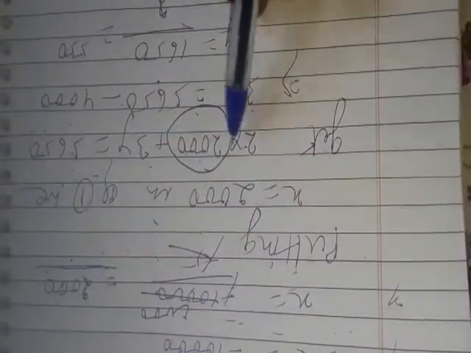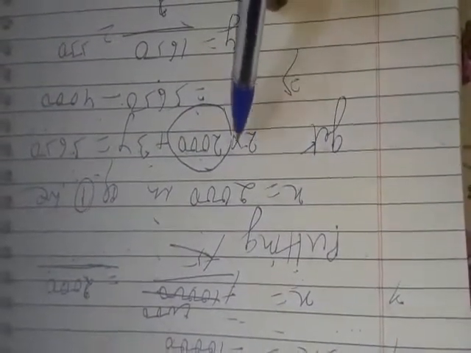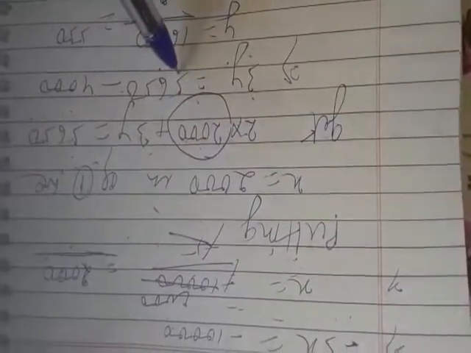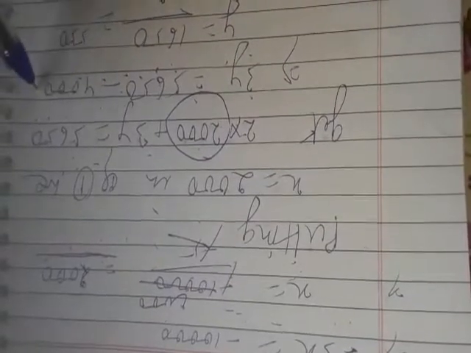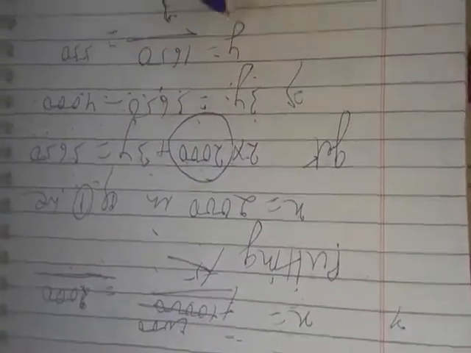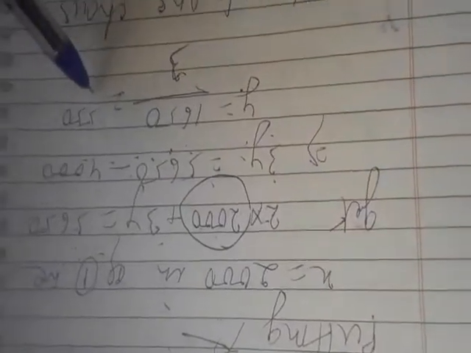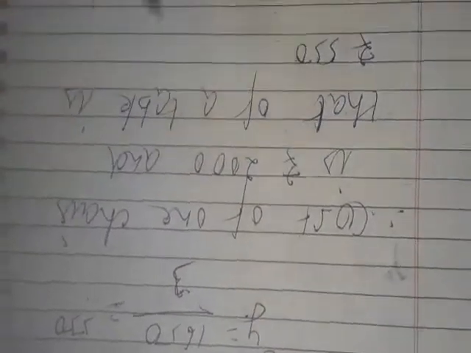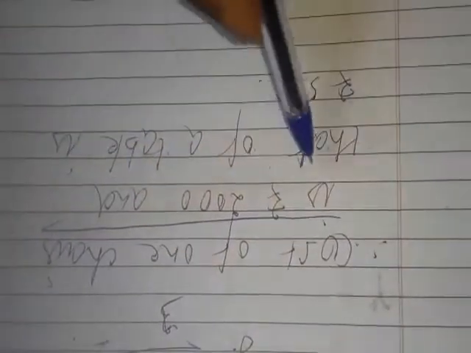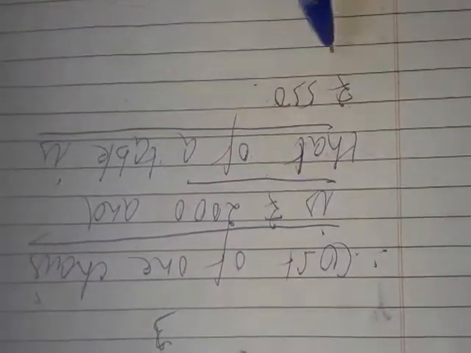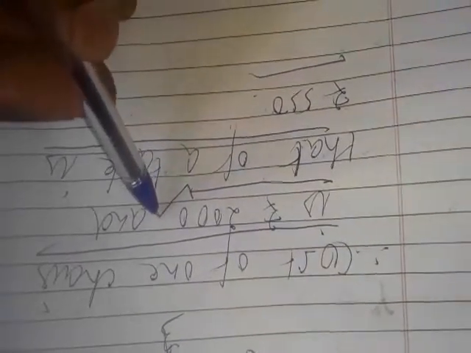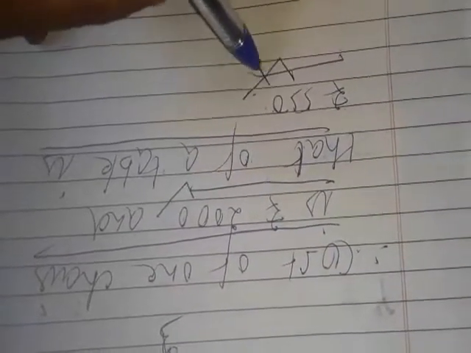The product becomes 4,000, and by taking it to the RHS we get 3y is equal to 5,650 minus 4,000. Further simplification gives us the value of y is equal to 550. Thus we obtain that the cost of one chair is rupees 2,000 and that of a table is rupees 550.